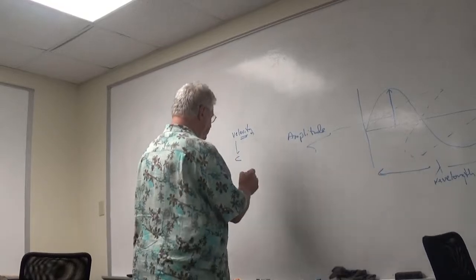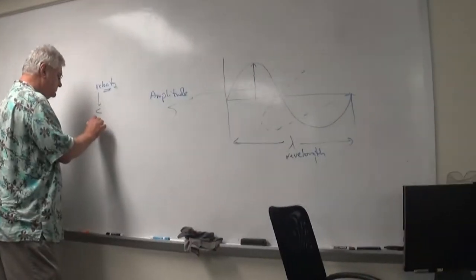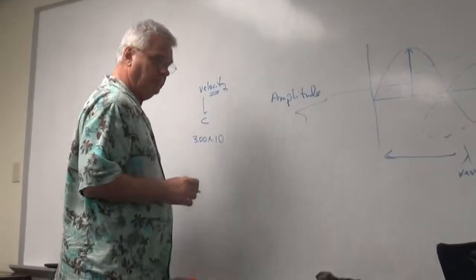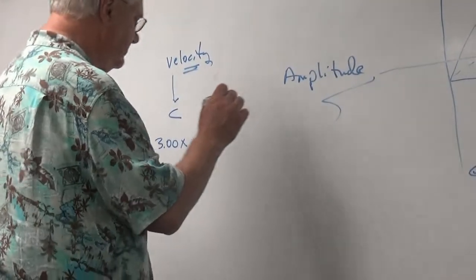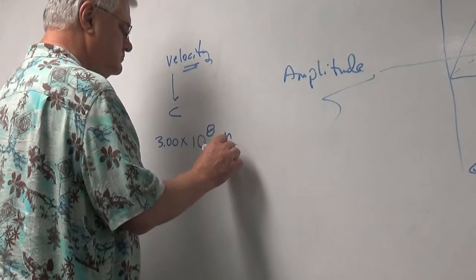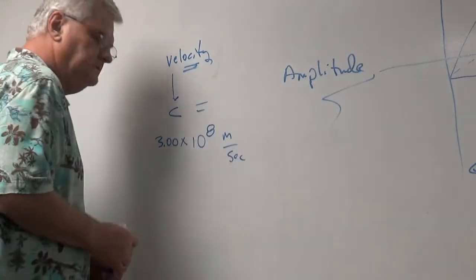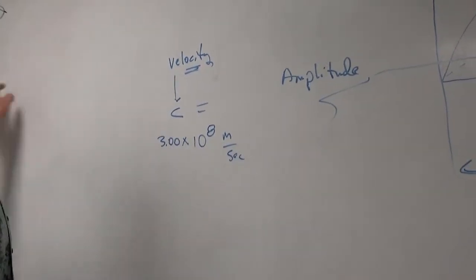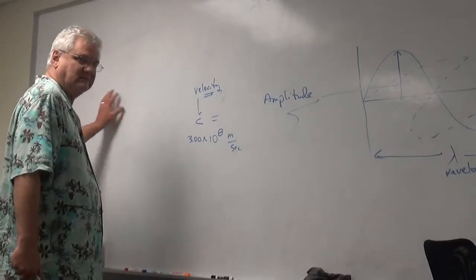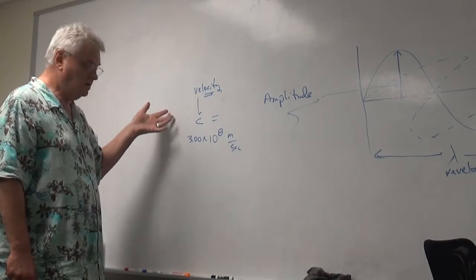To 3 significant figures, it's 3.00 times 10 to the 8th meters per second. If it's some other wave, the velocity can be something else, but if it's electromagnetic radiation, the velocity is always this value.